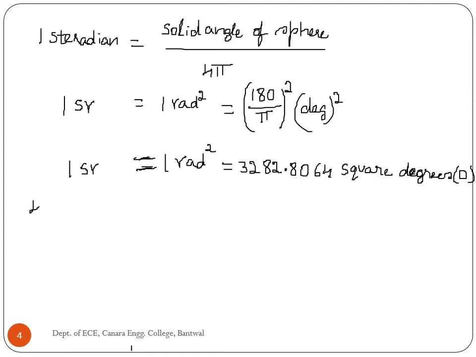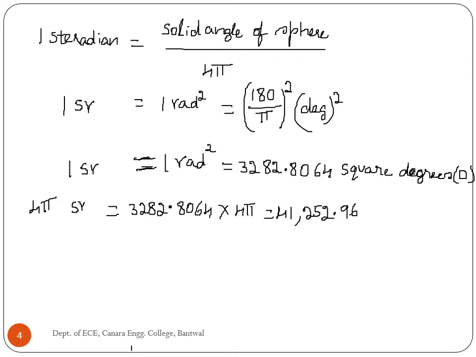Therefore 4 pi steradian is equal to 3282.8064 multiplied with 4 pi, which is equal to 41,252.96, which is approximately equal to 41,253 square degrees.